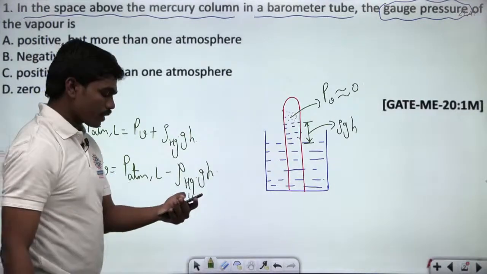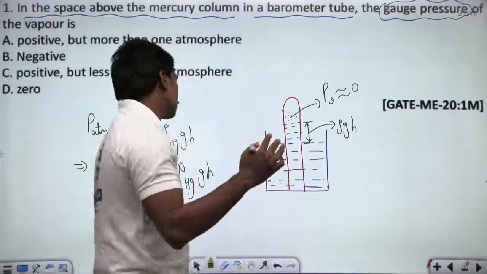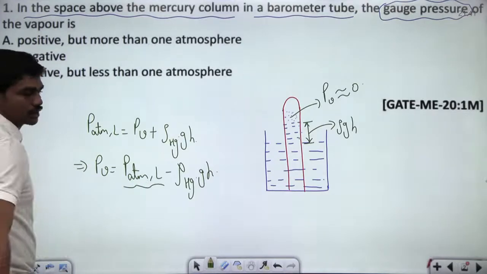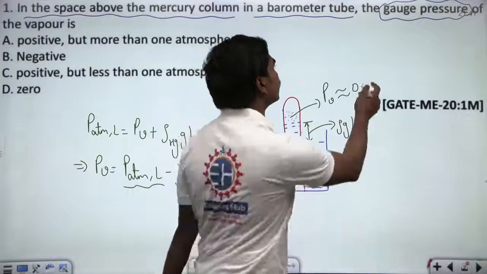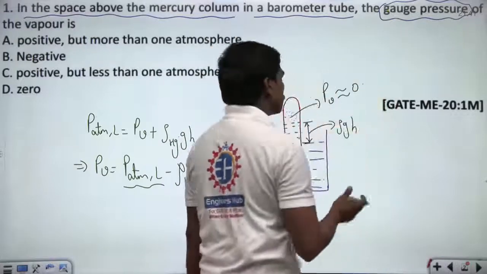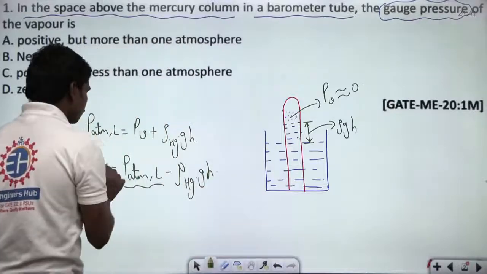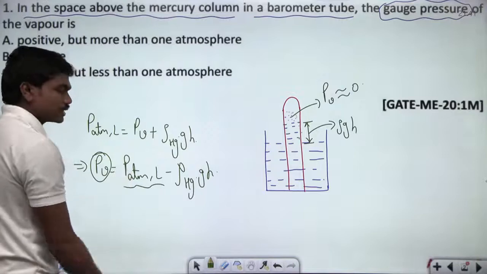Yes, the poll option is not yet available, Rahul. We are looking, so please try to look here. We know that pressures less than atmospheric pressure are called negative gauge pressures or vacuum pressures, correct? Here he is asking for the gauge pressure of the vapor. In terms of gauge, we call that negative gauge pressure, because the pressure P_v of the space above the mercury column is less than atmospheric pressure.